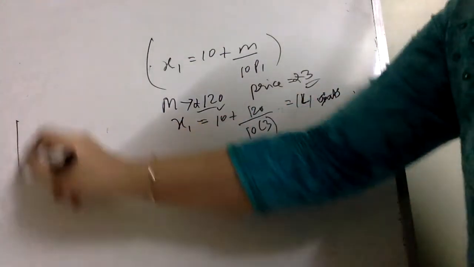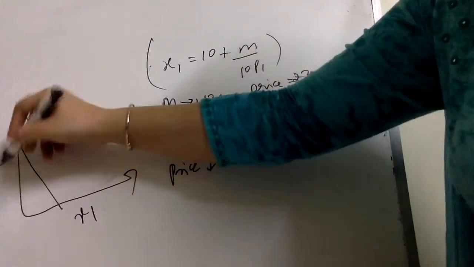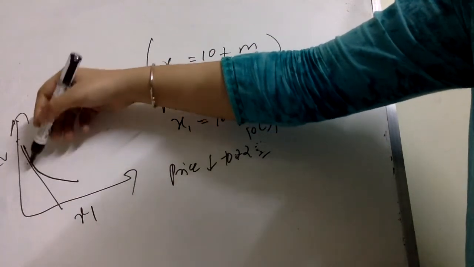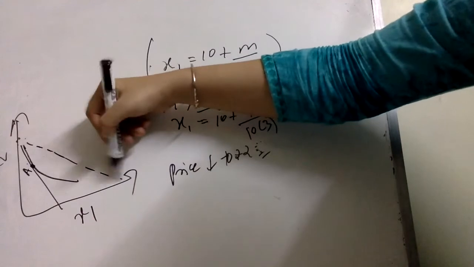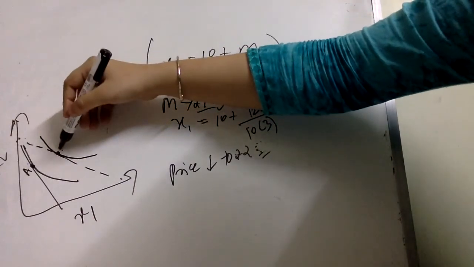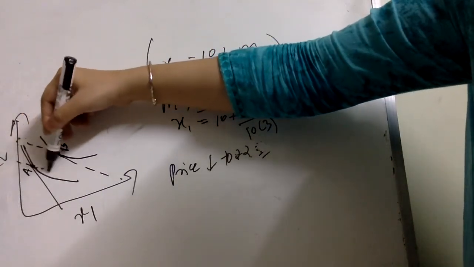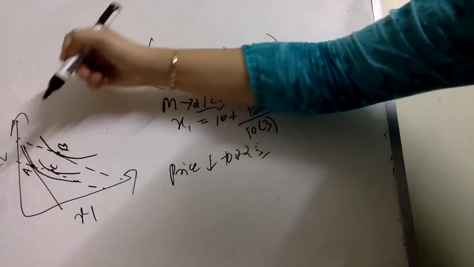Let me plot the diagram again so that it is still in your mind. This was my initial bundle, say point A, and it falls to this level, so I move to point B, and I take away the income of the consumer such that he is able to afford the bundle at A. He is at point C now.